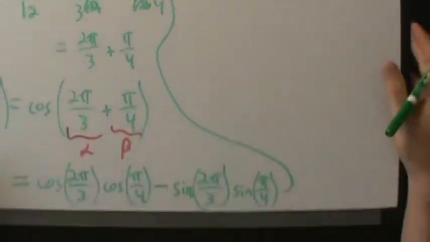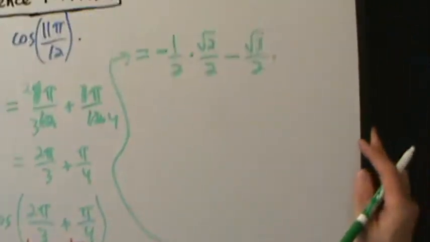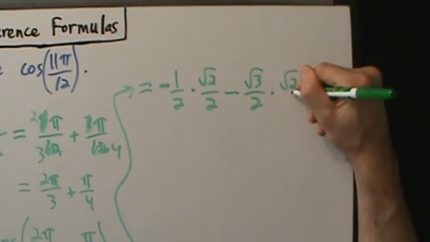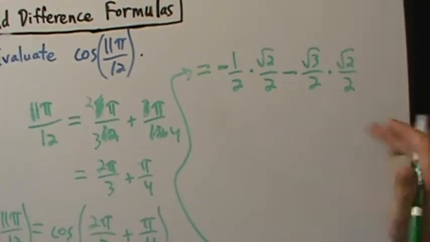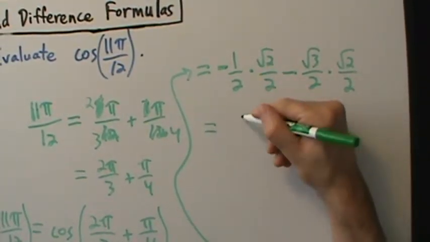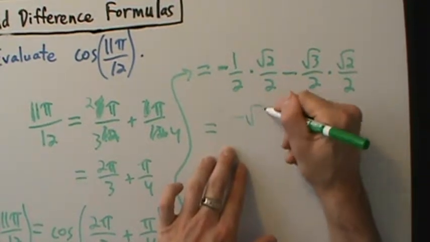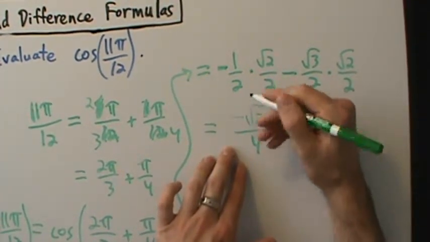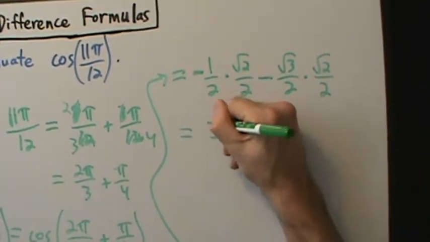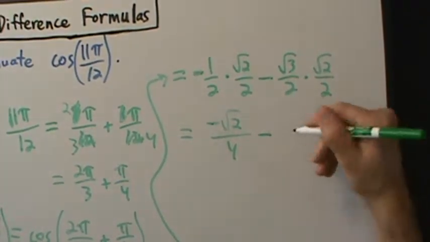And then we're multiplying by the sine of pi over 4, which is root 2 over 2. So then this is going to be negative root 2 over 4, like so, and then minus root 6 over 4.